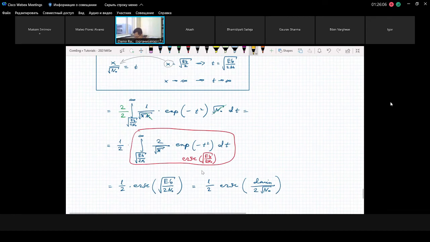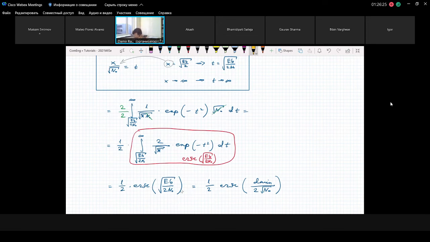Instead of the definition, I write this short notation, the complementary error function. We don't even use the error function itself, but the complementary function.